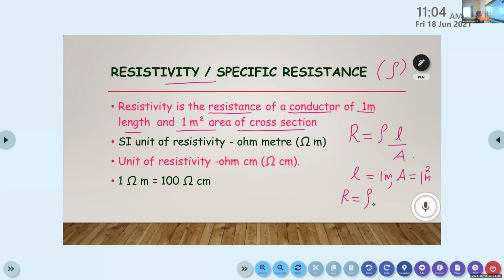So the definition becomes: resistivity is the resistance of a conductor of 1 meter length and 1 meter square area of cross section. It is equal to resistance when its length is 1 meter and area of cross section is 1 meter square. That is resistivity or specific resistance.